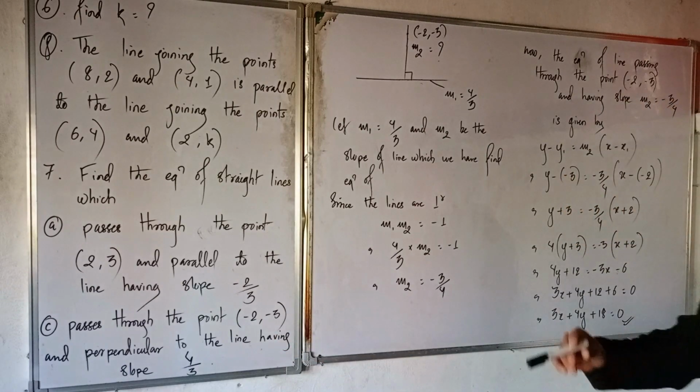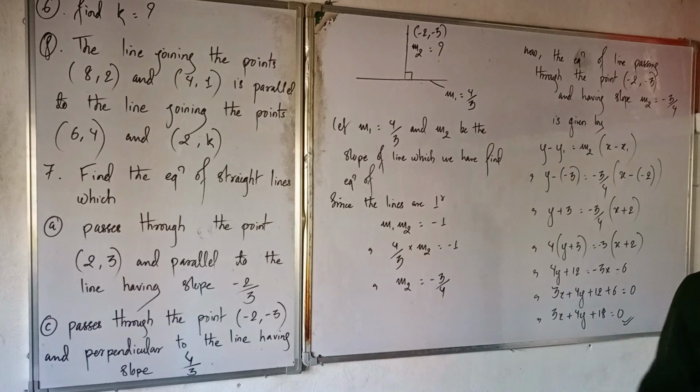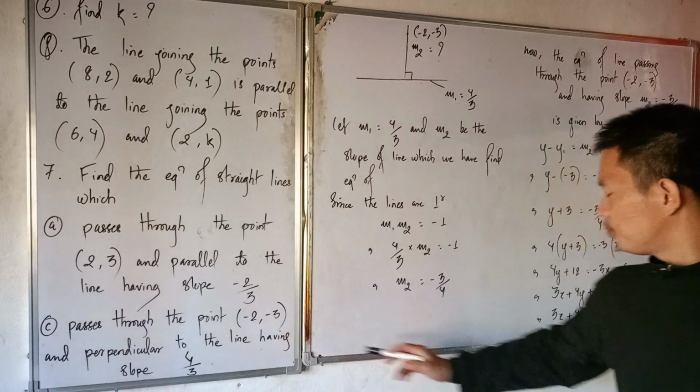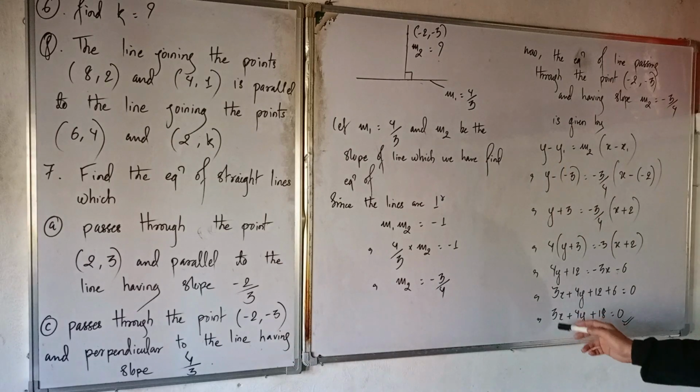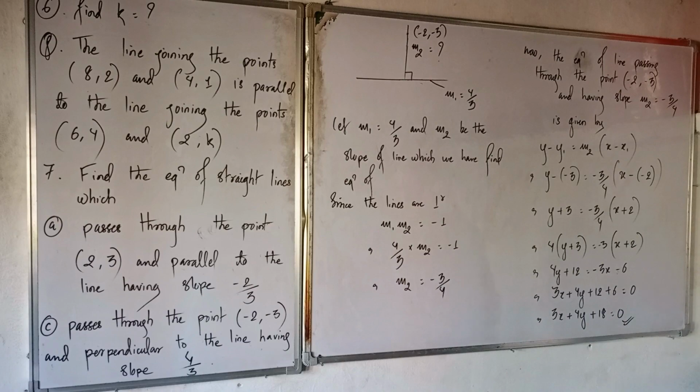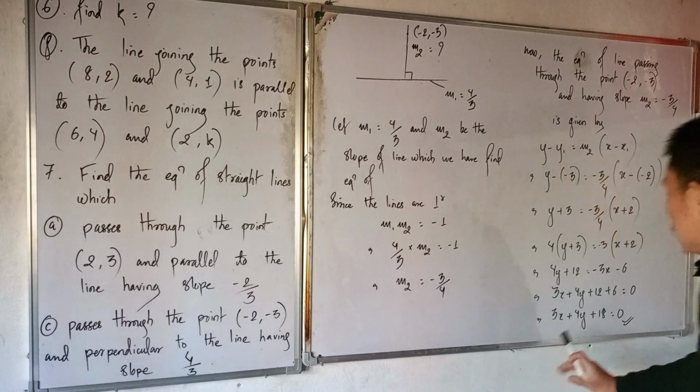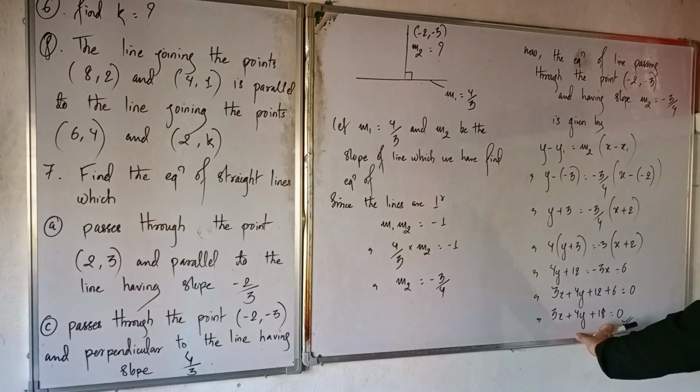If it's satisfied, then the equation that you derived is correct. If not, then it is wrong. So when I put the value x equals -2 and y equals -3, it satisfies the equation. So this equation is correct.